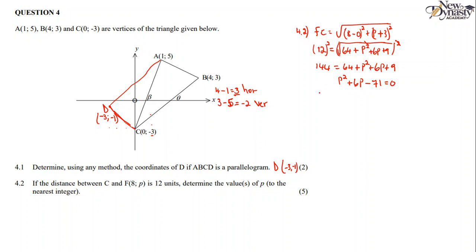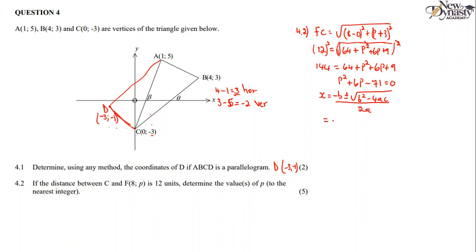So in this case, we can use the quadratic formula as you know it. x equals to minus b plus minus the square root of b squared minus 4ac divided by 2a. Then you substitute all the values.